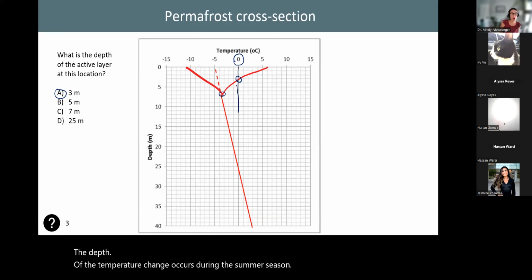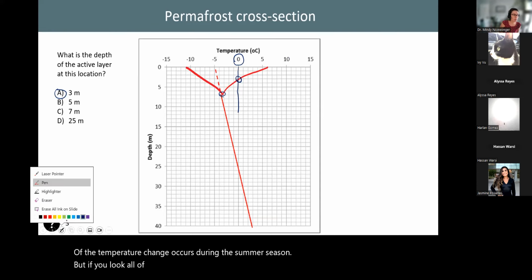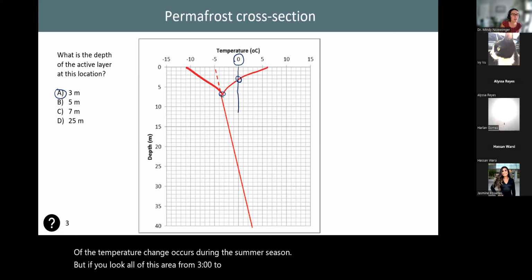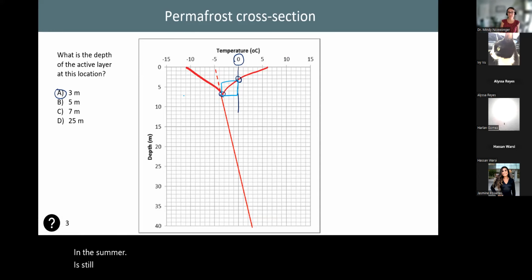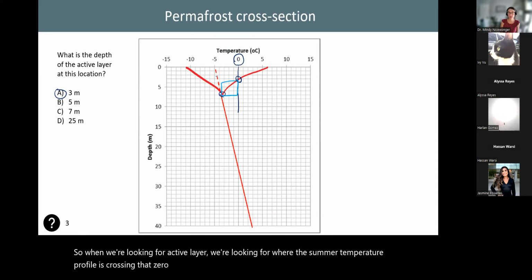If you look, all of this area from 3 to 7 in the summer is still below freezing. So when we're looking for the active layer, we're looking for where the summer temperature profile crosses that 0-degree ISO line, or temperature line.